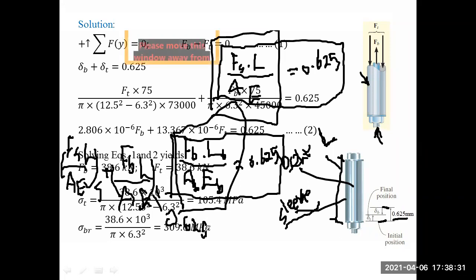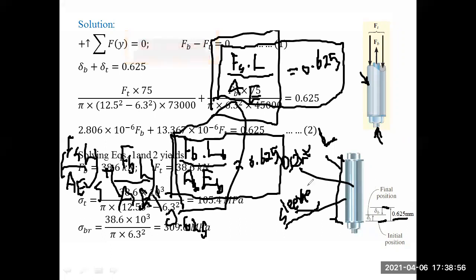I think this would be the easiest way to understand why we have counted the contraction and the expansion: the contraction of the sleeve and the expansion of the bolt, so that the nut would be able to go upward by 0.625 millimeter.